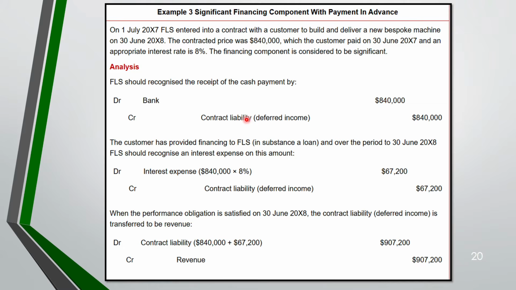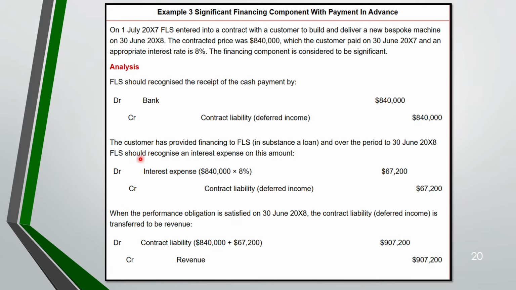You can't recognize it as revenue, because you have not finished your performance obligation. You have an obligation to finish your contract. That's why contract liability. There's an obligation for you to satisfy your performance obligation, which you haven't, but you have received the payment. So debit bank and credit contract liability or deferred income, 840,000.